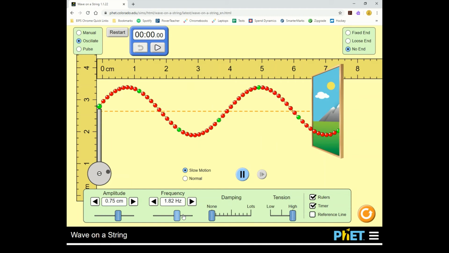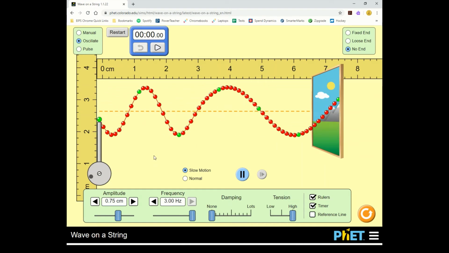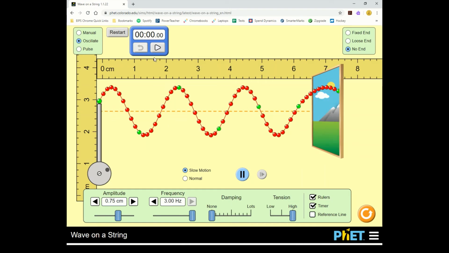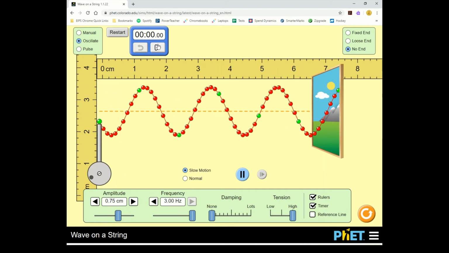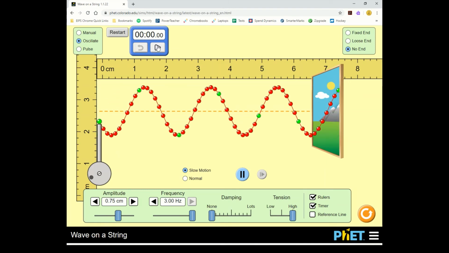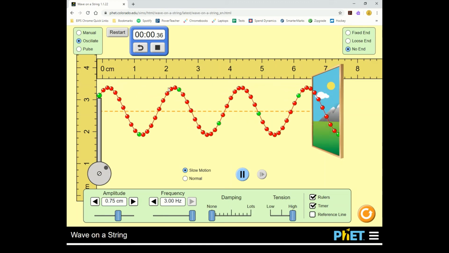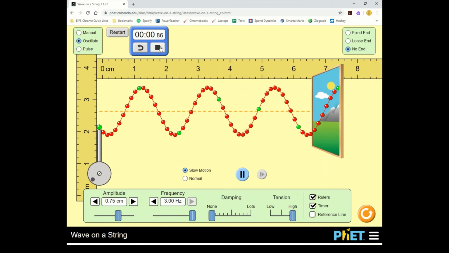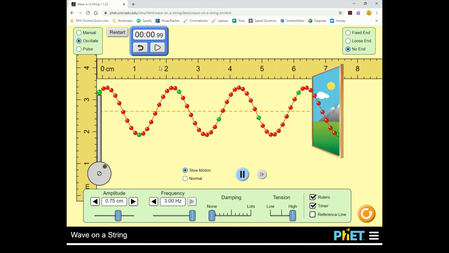And now let's up our frequency. Okay, so we'll wait for it to go to the top. Measure this. Right? So it's about a second, right?